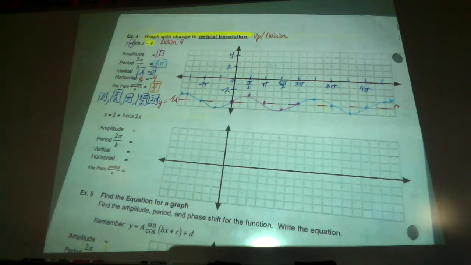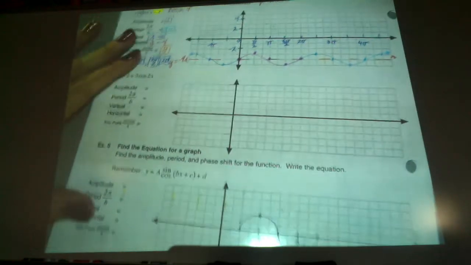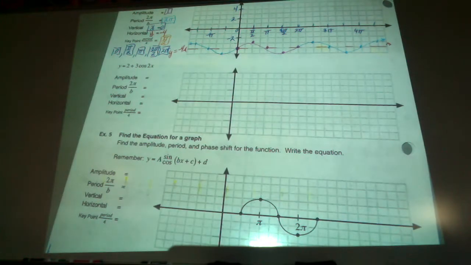Okay, let's do the last one and then we'll talk about writing the equation of lines. So this last one, tell me what's going on here. There is addition. So does that mean vertical or a horizontal movement? It's not in parentheses. So there's no start and end.